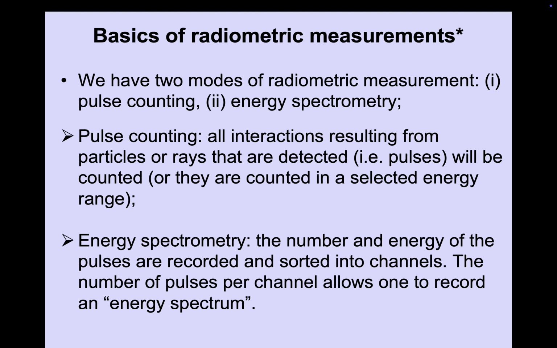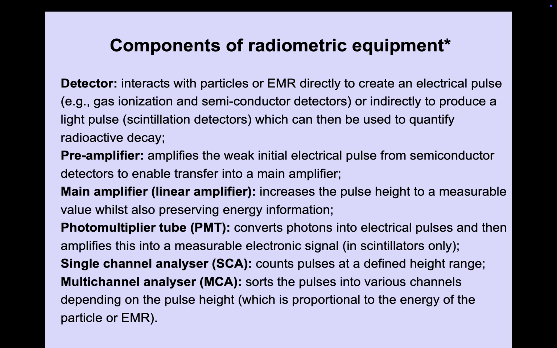The number of pulses per channel gives us the ability to create and record what we call an energy spectrum, so effectively the number of pulses against an energy. So that's the different types or modes of detector that we can have.